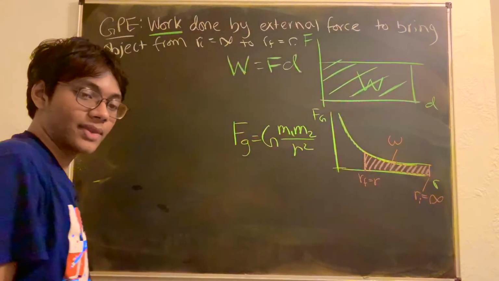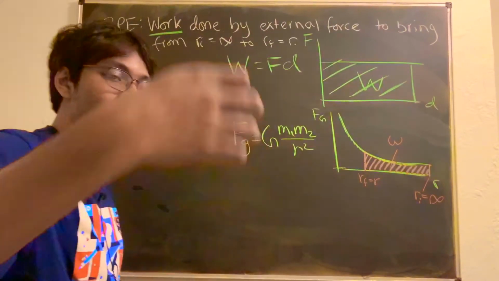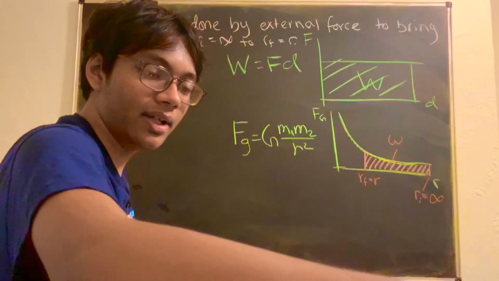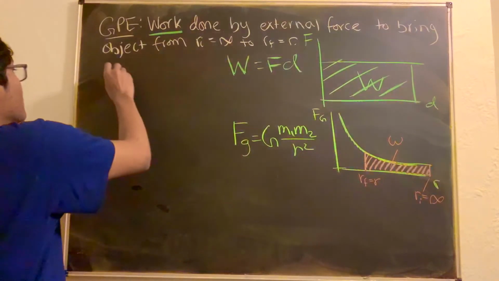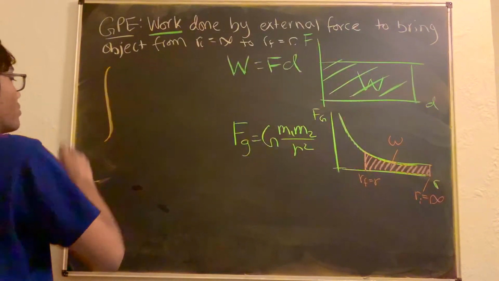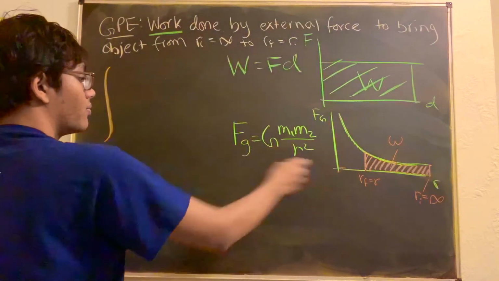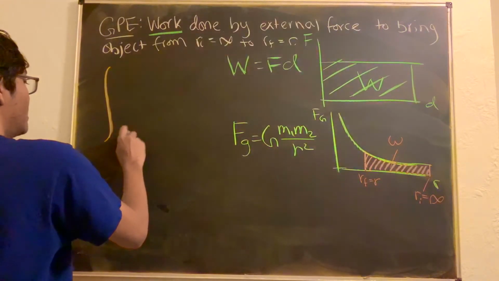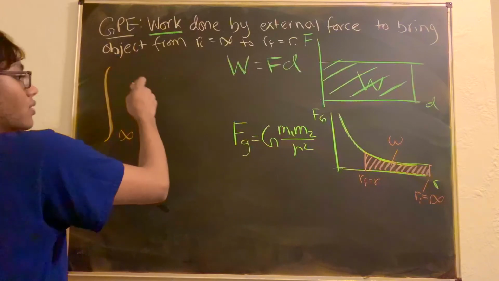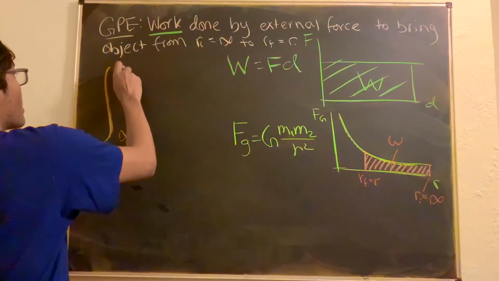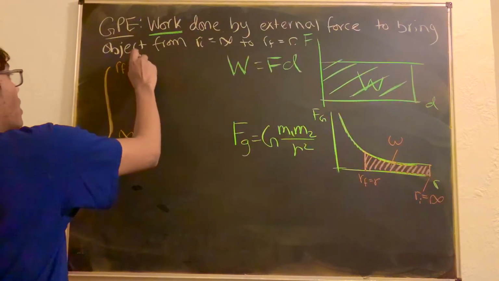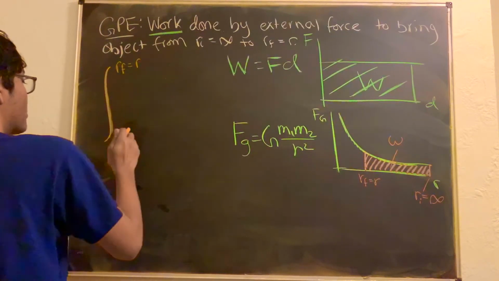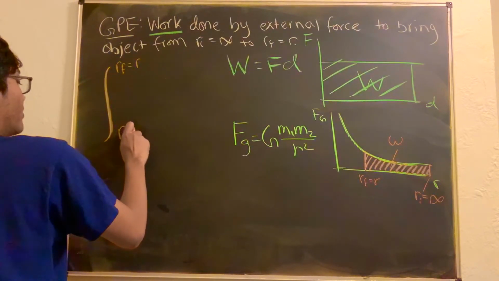Okay, let's do it. How are we going to do that? Well, let me use my purple chalk in this case. So what we're going to do is use the integral from r is infinity to r, so r sub f is equal to r, and it starts from an initial radius of infinity.